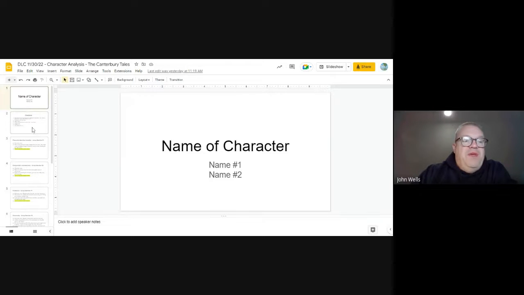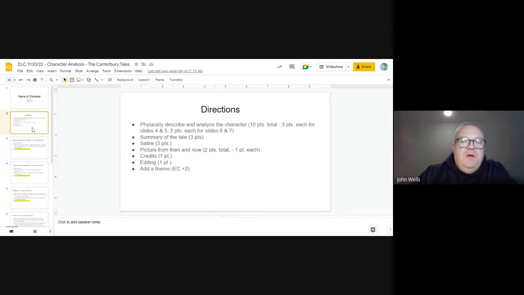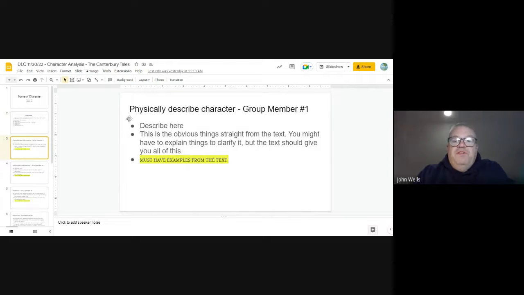Once you get that, slide number two gives you just the directions and the points of how this will be evaluated. So let's go here. First off, group member number one, so person number one, is going to describe physically the character that you have selected. Inside of the General Prologue, Chaucer spends a lot of time naming and describing each of the characters.